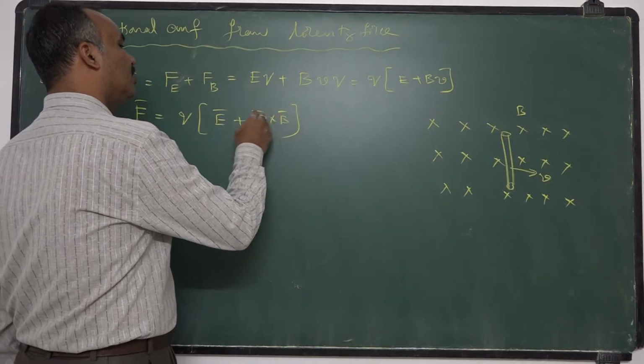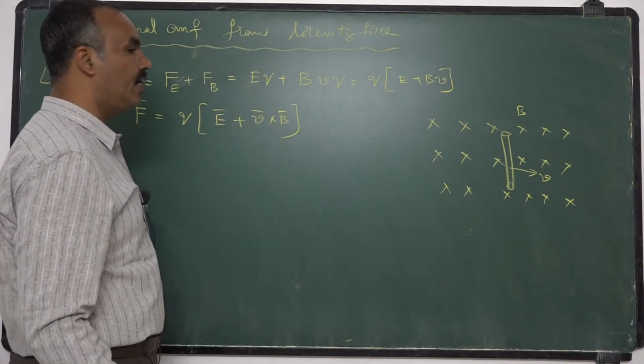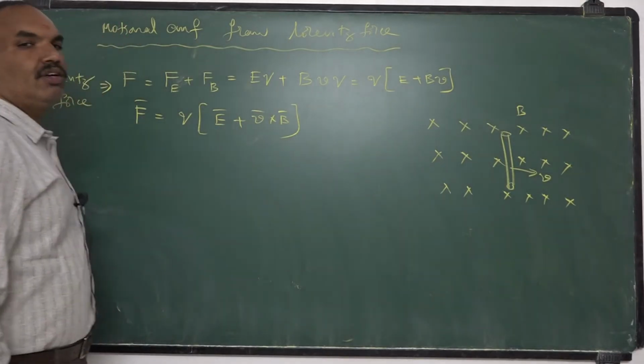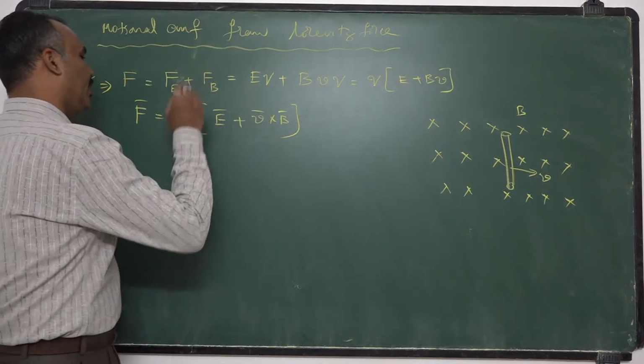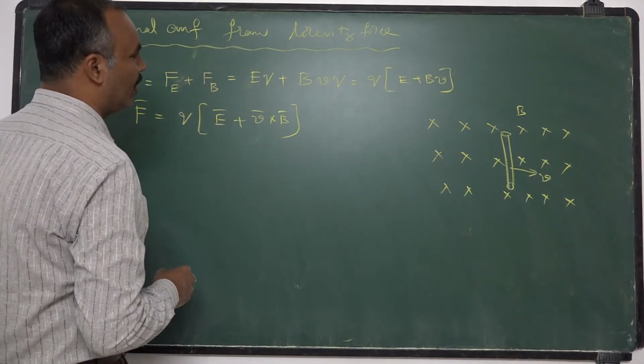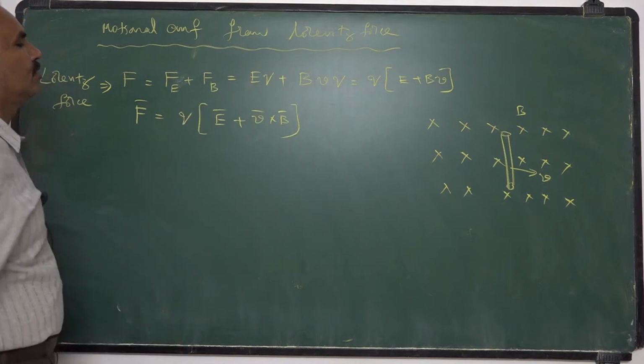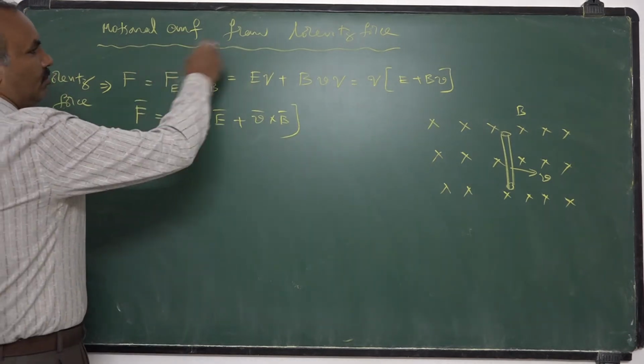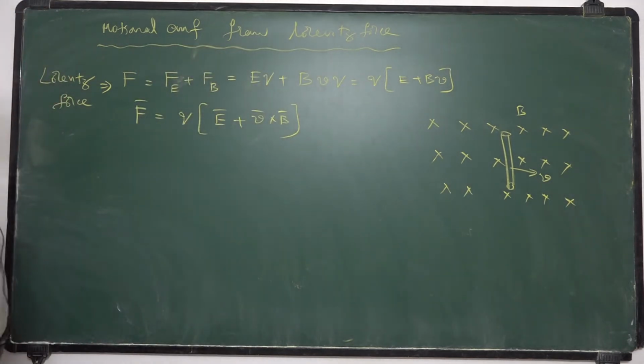If you expand this, VB sin 90, and sin 90 is 1, so we need not worry about the cross product here. Directly, the magnitude of the force is given by Q into (E plus BV).